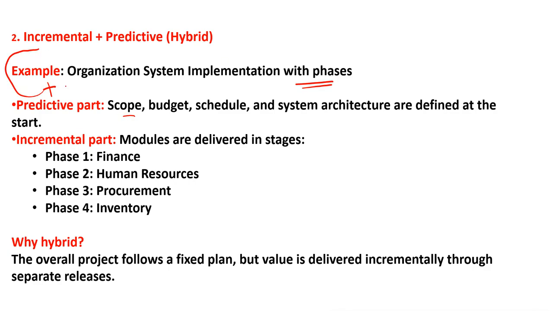If it is phases, it means predictive and incremental. So modules are delivered in stages. First you will complete finance, then you hand over to the finance department. Second is human resources, procurement, and inventory. Why hybrid? The overall project follows a fixed plan, but value is delivered incrementally through separate releases or phases.